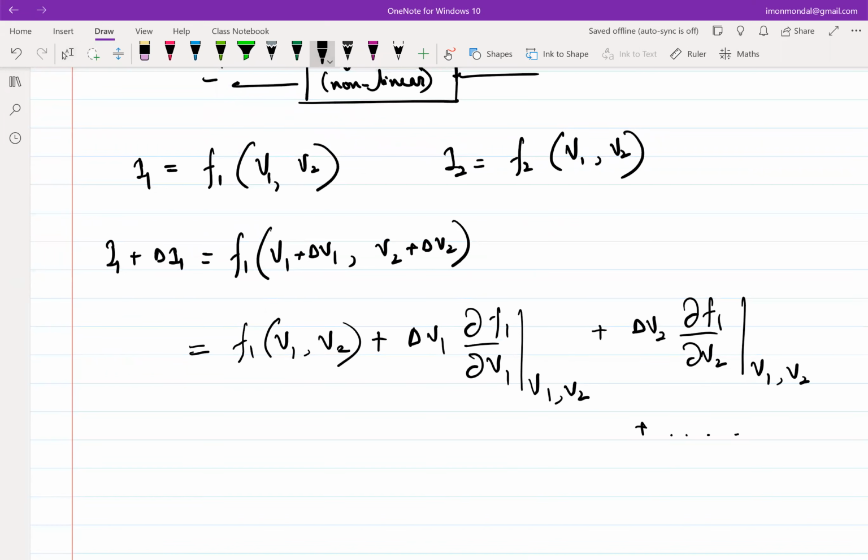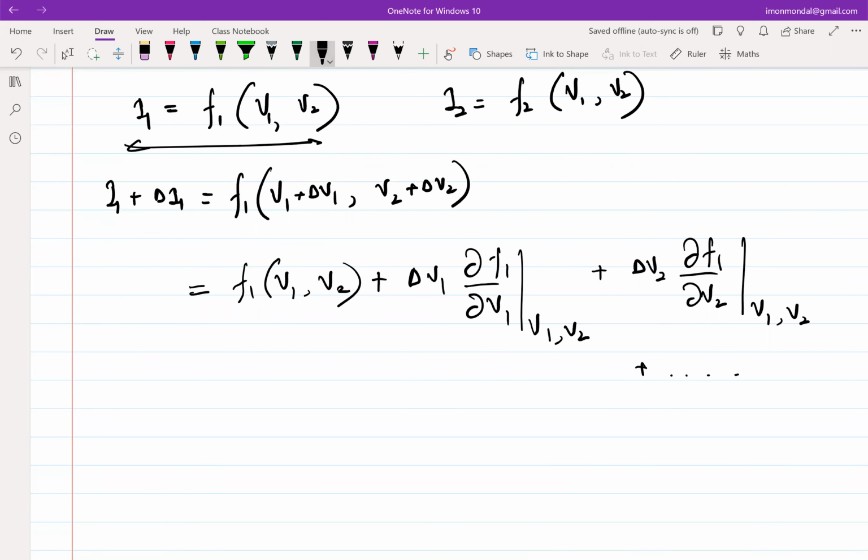If I'm only interested in the increments, how do I get the relationship between the increments? I subtract this equation from whatever we are getting now. So this is 1, this is 2, this is 3. So 3 minus 1 gives us delta I1.